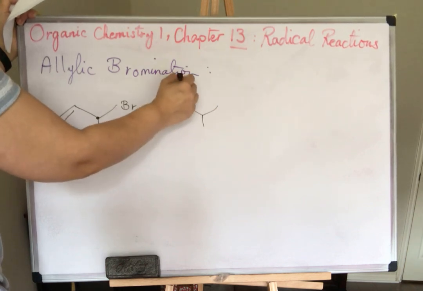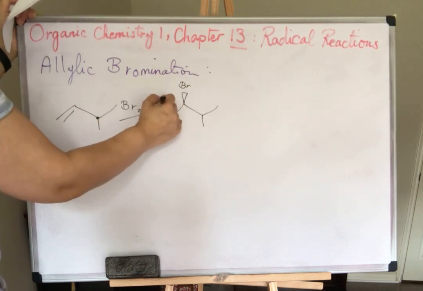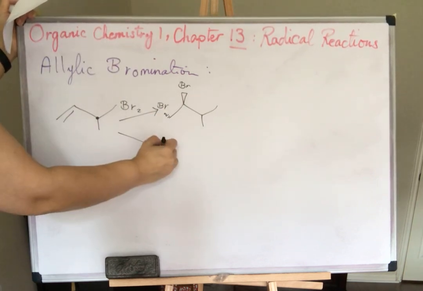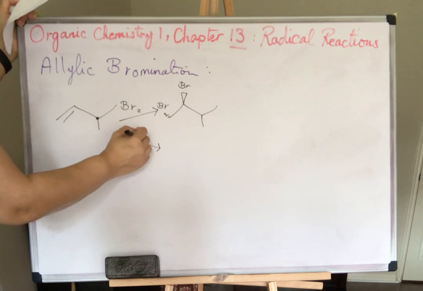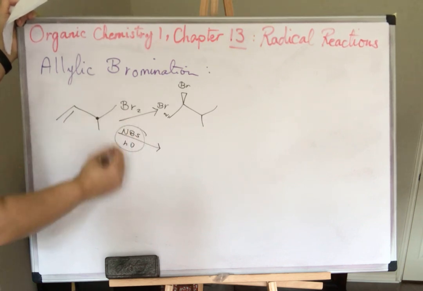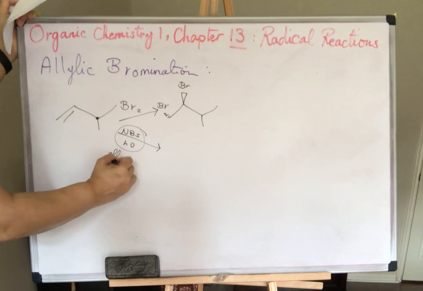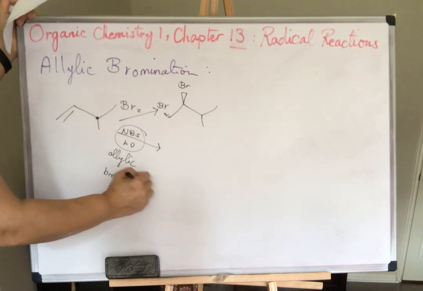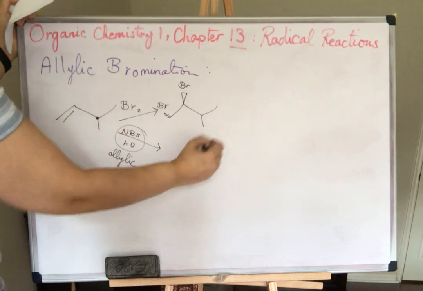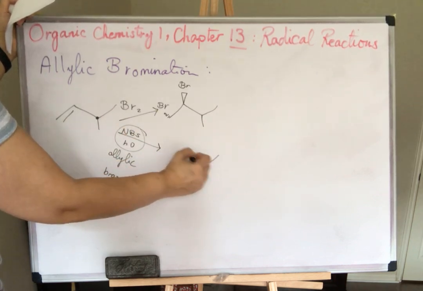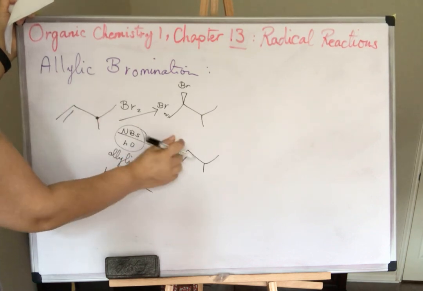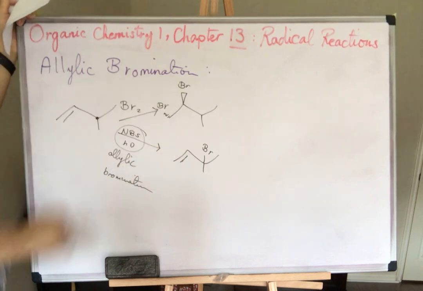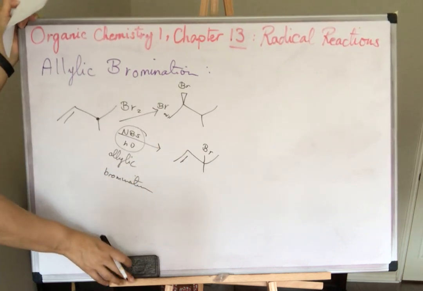You will add, remember, you had bromination, you add bromine to the double bond. This is, excuse me, what you learned in the alkene chapter. But if you use NBS and light that we know, this is a recipe for allylic bromination. So you will end up having a preserved double bond, and you have bromine. Okay, that's what you have.